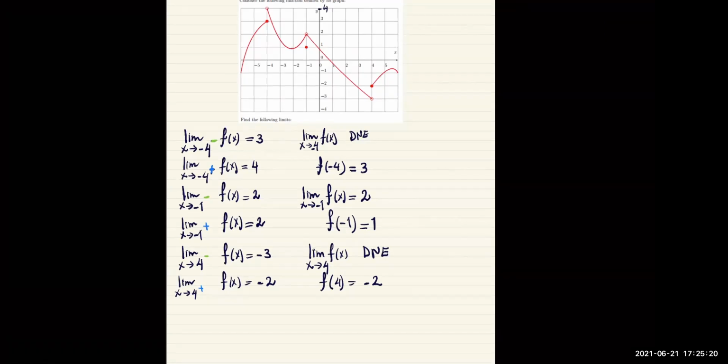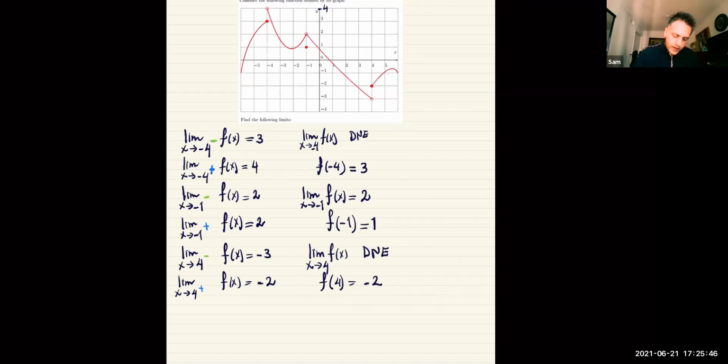Professor, I didn't understand: when x approaches 4 from the left, the f of x is equal to -3. So when we have a hole here, why do we include the same as the value of this function? So here's 4, and you're on the left of 4.